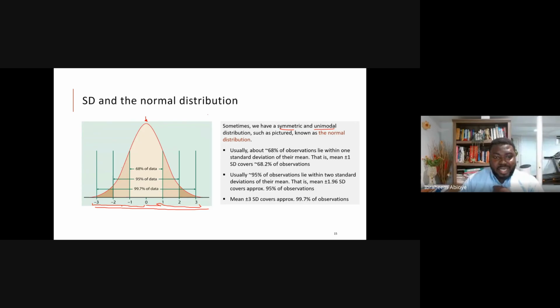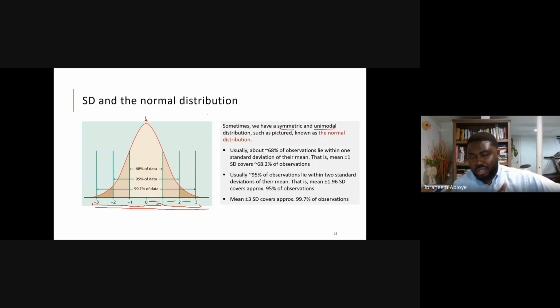So if the mean is 32.1 and the standard deviation is 3.3, this is 1 standard deviation. This is 2 standard deviations. And this is 3 standard deviations. So if somebody tells you that the mean is 32.1 and the standard deviation is 3.3, you can assume that 32.1 minus 3.3, let's say that is 29.